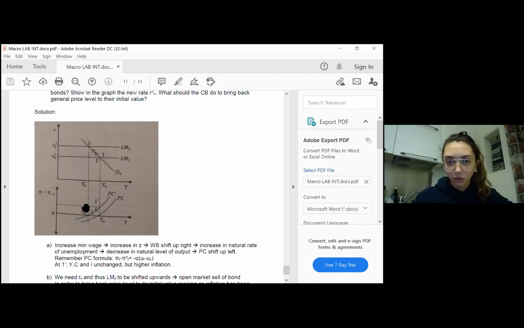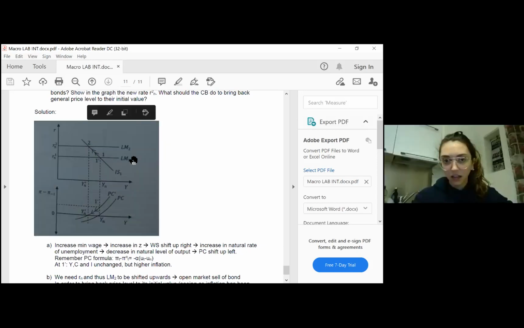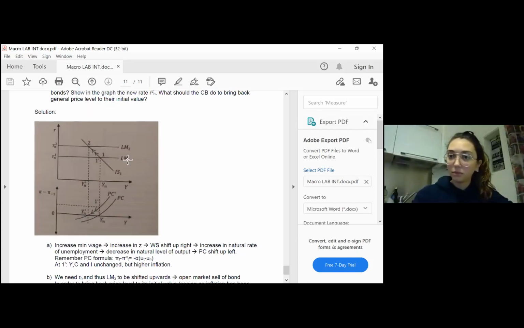Because at 2, the PC crosses Y at 0, output is at its natural level, and inflation is equal to 0. So that's what the CB wants. How can you go from 1 prime to 2 here? By shifting LM up.